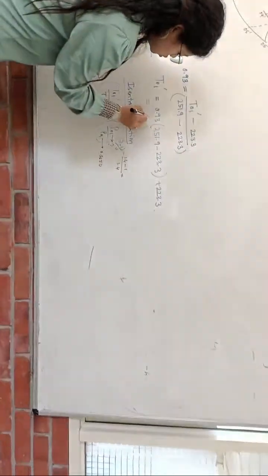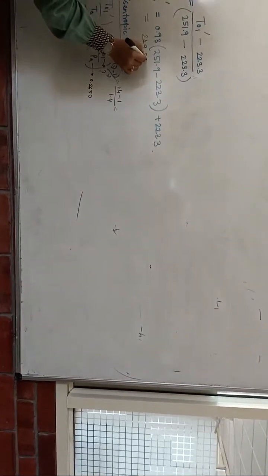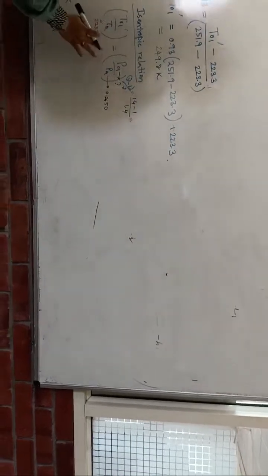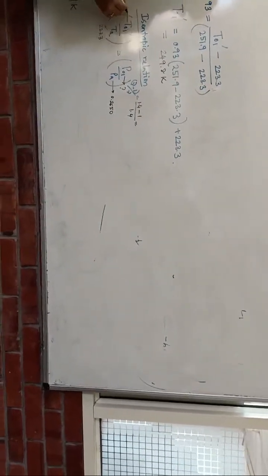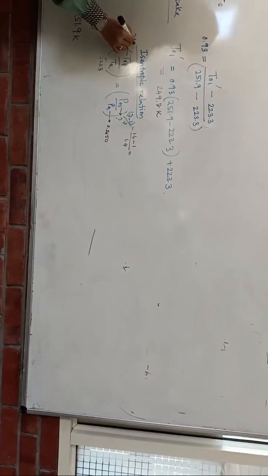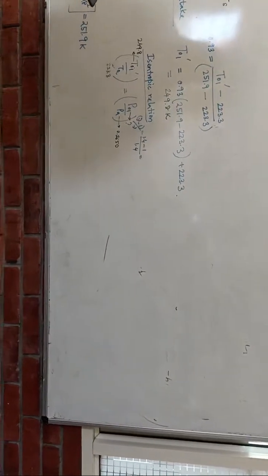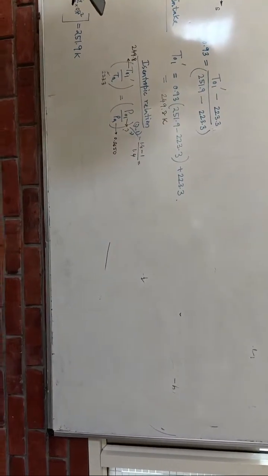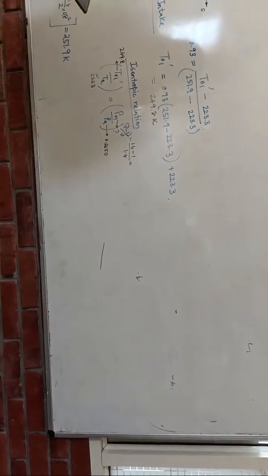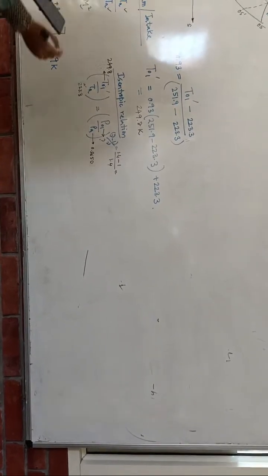Tell me. 249.8 Kelvin. Alright. Now you have this value here. Substitute this value over here. Now we know this T01 prime value as well, 249.8. Make this ratio, 249.8 divided by 223.3.